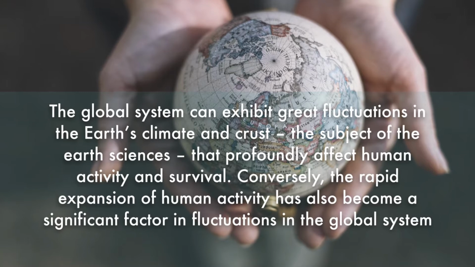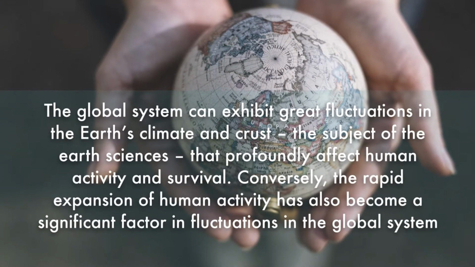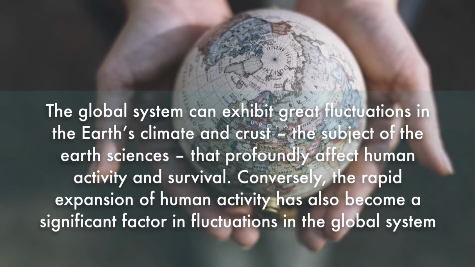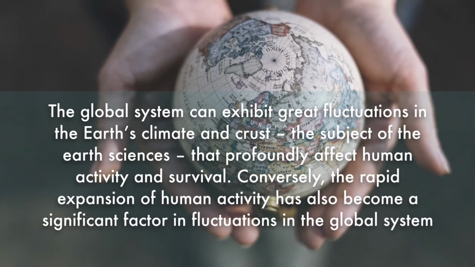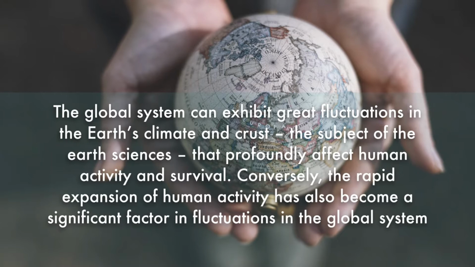This is what we learn in the subject of Earth science. When we study Earth science, we will see the climate fluctuation and the crust have a profound effect on human activity and human survival.